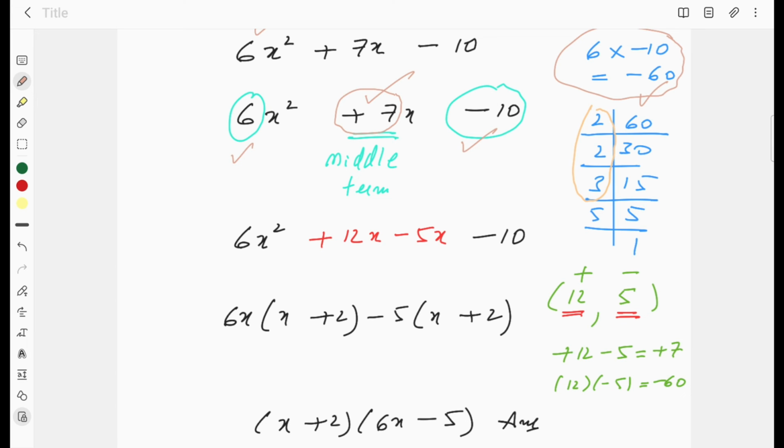Like in this case, the combination is 2 times 2 times 3 on one side, which is 12, and 5 times 1, 5, on the other side. Since I have to simplify these two numbers to plus 7, I will take the bigger number 12 as positive and the smaller number as negative.